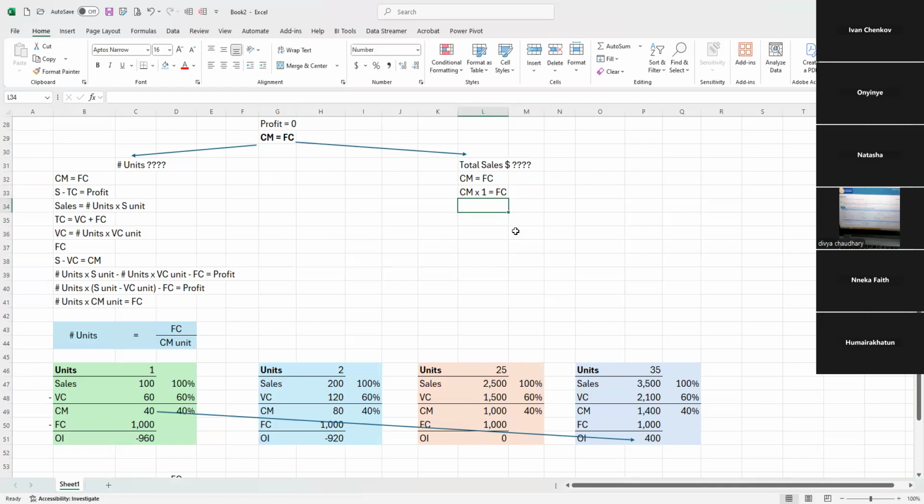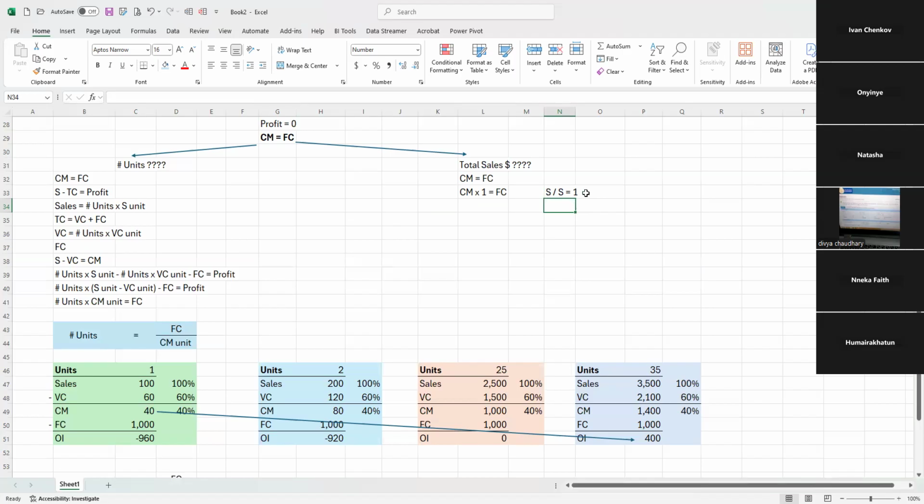No. But what else can I do? Sales divided by sales is equal to how much? 1. Not sales minus sales, sales divided by sales. It's equal to 1.